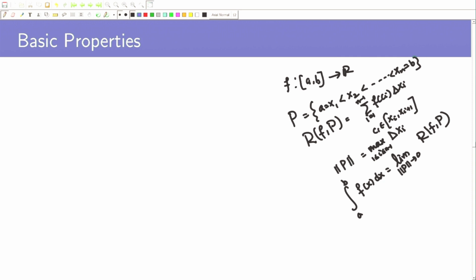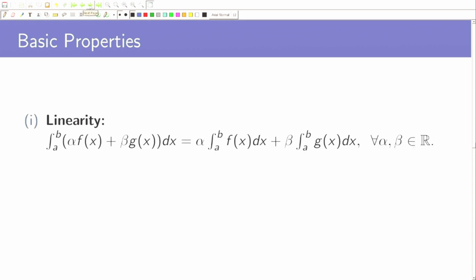Okay. So, now let us look at the very standard properties of Riemann integration. We know that the integral is linear.